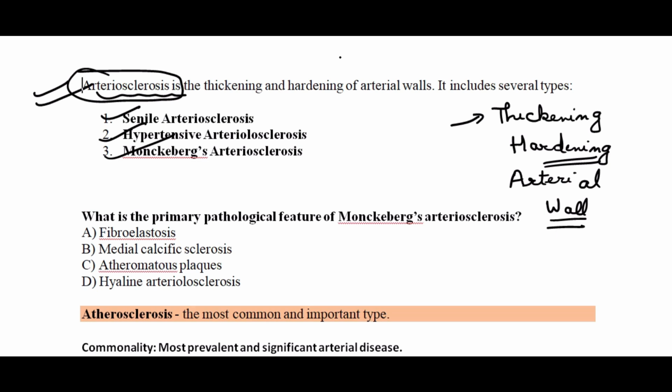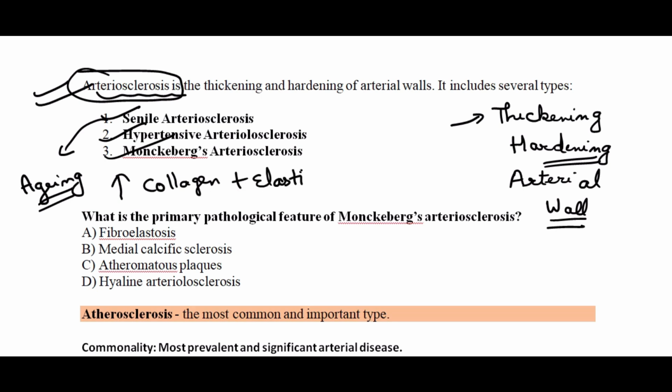The senile arteriosclerosis is mainly caused due to aging. So that refers to the thickening of the arterial walls due to increase in the collagen and elastic tissue. As we age, these tissues accumulate in the walls of arteries, so that would make them stiff.